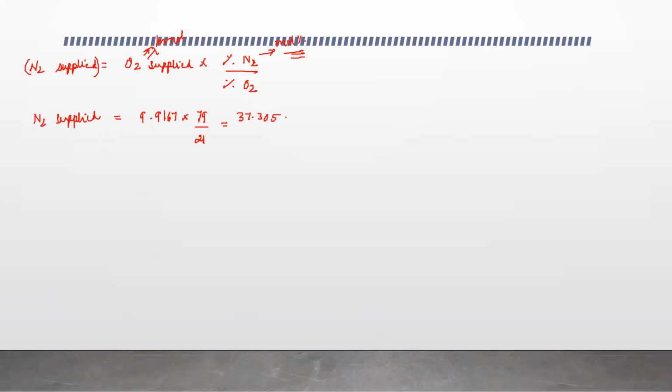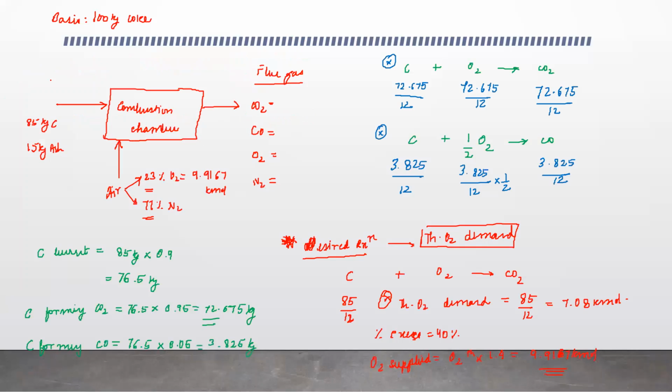When we do the calculations, we'll get 37.305 kilomoles. That is nitrogen supplied. All right. So we have over here 37.305.